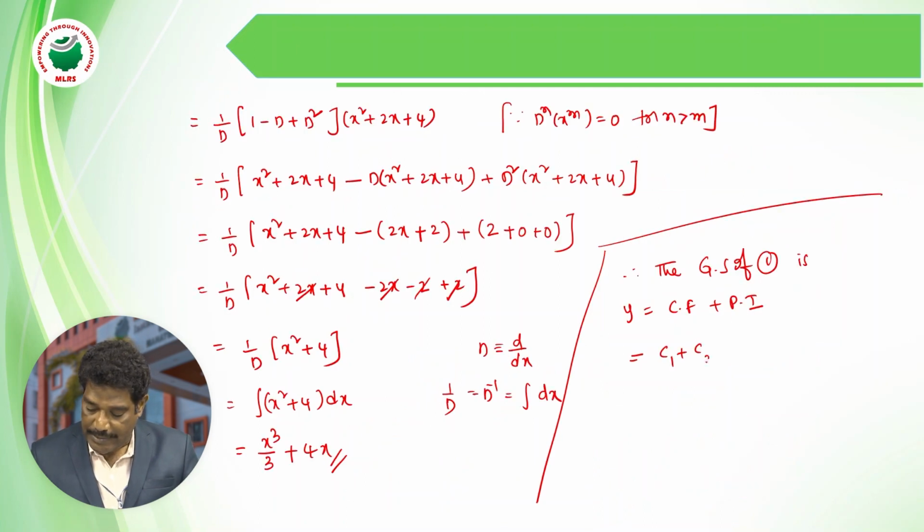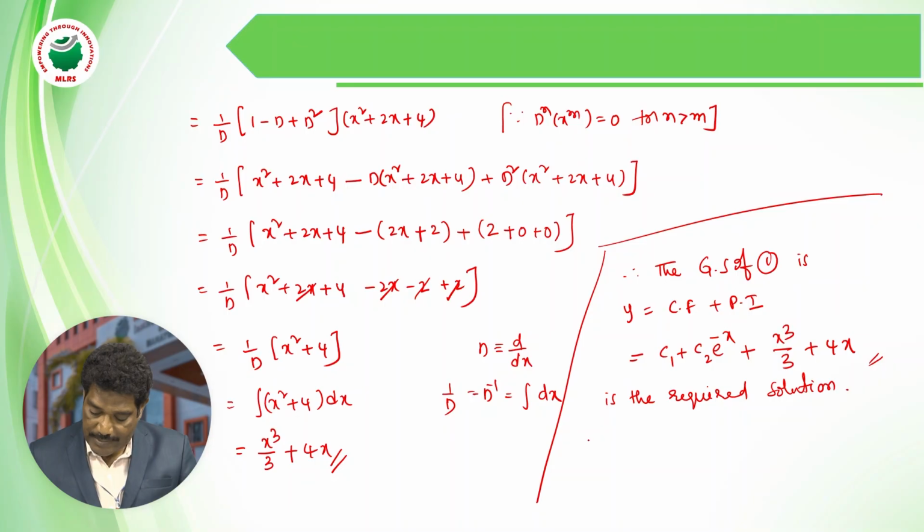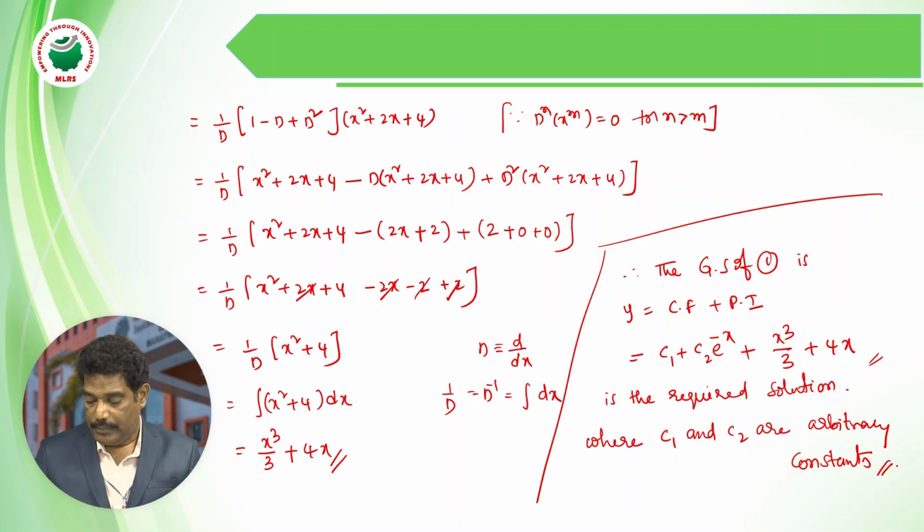So y equals c1 plus c2 e power minus x plus PI, that is x cube by 3 plus 4x. That's it. This is the required solution, where c1 and c2 are arbitrary constants.